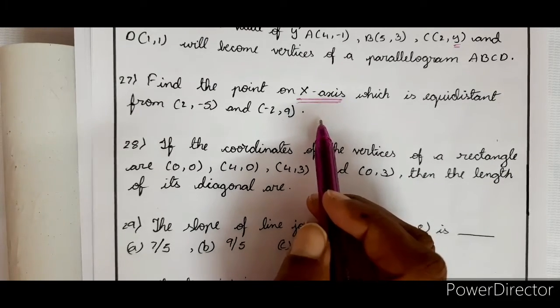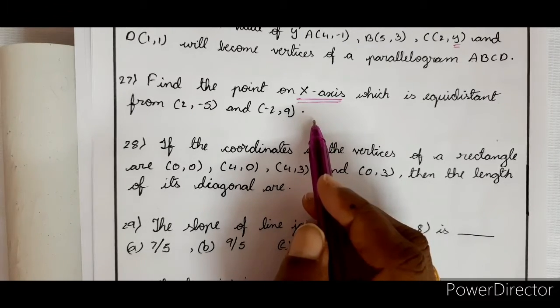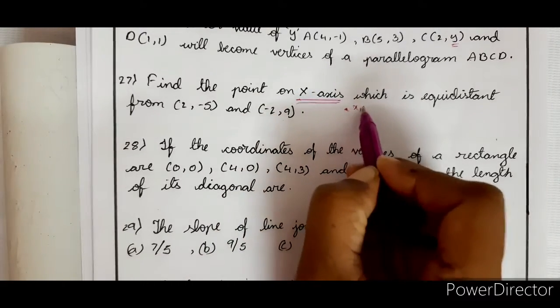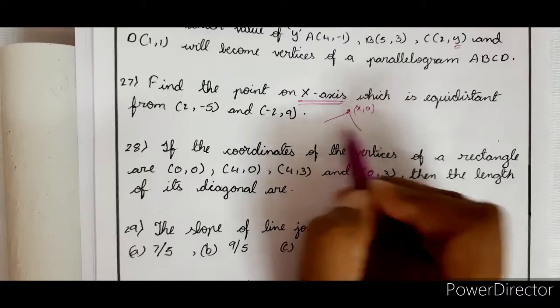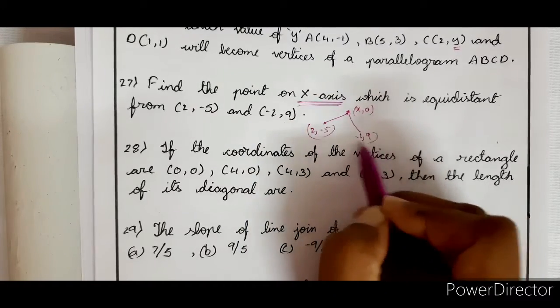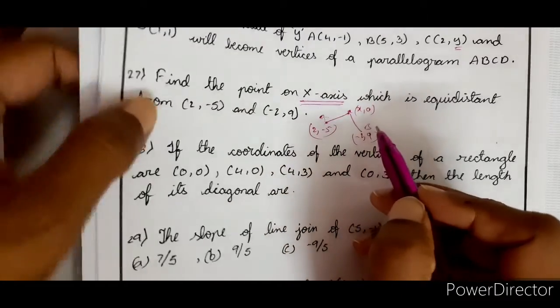So you have to find the x coordinate, that's all. So let us imagine the point to be x comma 0. And now what is the condition? This point x comma 0 is equidistant from both 2 comma minus 5 and minus 2 comma 9. Let me write it in steps.